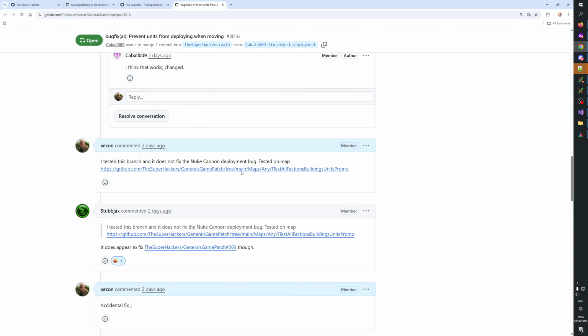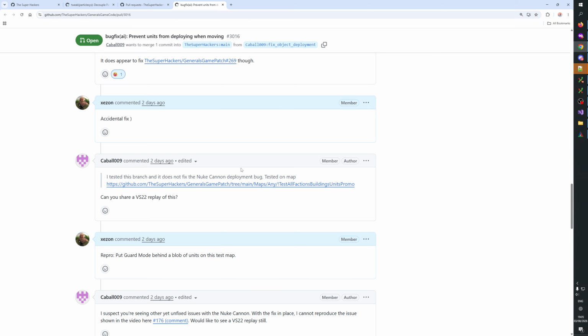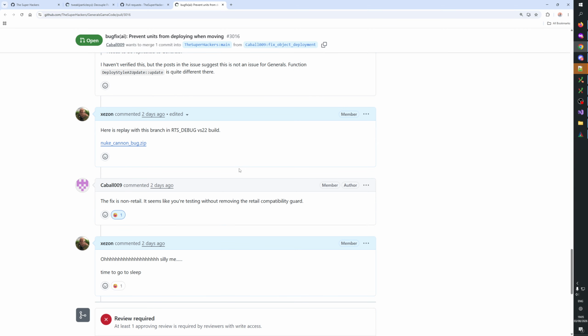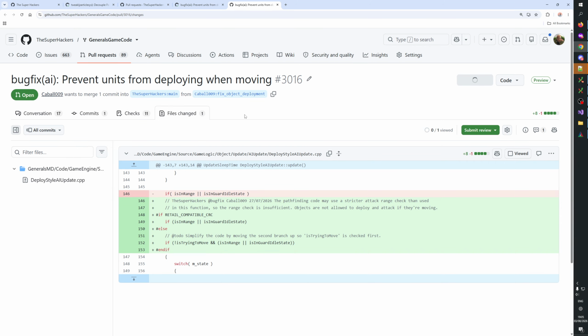I think that works changed. Okay, so he did some change, right? To simplify the code by moving the second branch up. Simplify. Let's try to move this checked first.